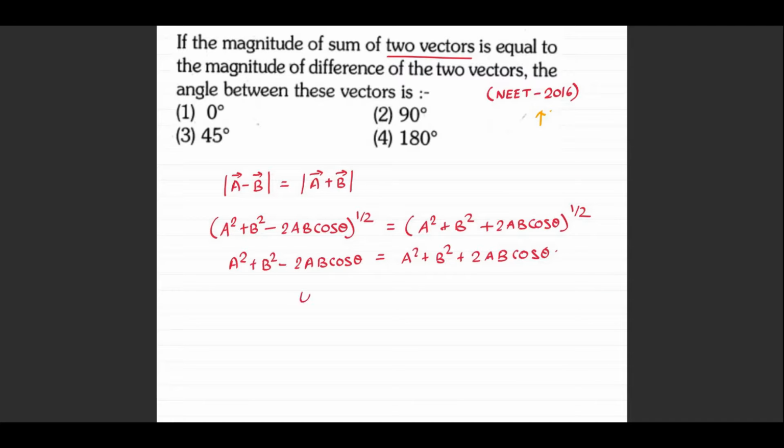And if I rearrange, we get this. A non-zero, B non-zero, so cos theta must be 0. If cos theta is 0, then theta must be 90 degrees. Hence the answer to this question is option 2, 90 degrees. Fine.